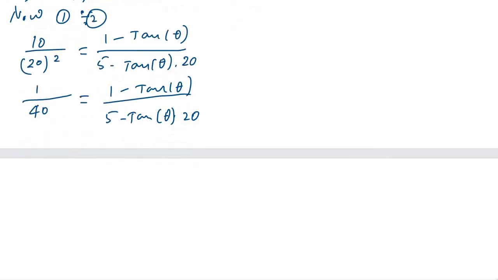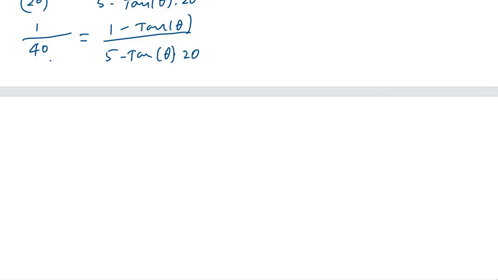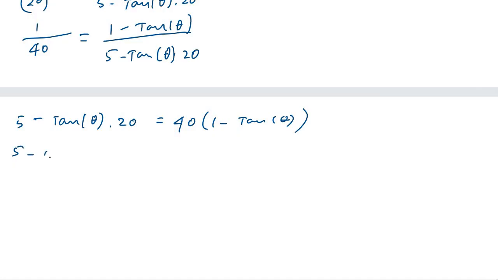In the next part of the solution, we'll make some cross multiplication. On making cross multiplication, it is 5 minus tan theta into 20, which equals 40 times the bracket term 1 minus tan theta. If you solve this, 5 minus tan theta into 20 equals 40 minus tan theta into 40.